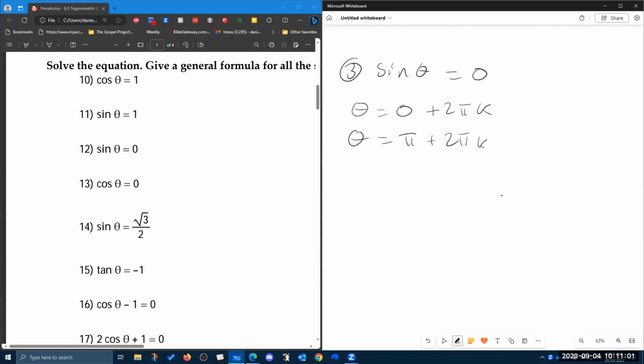But really together, these are every multiple of pi. If I look here, it's here, and then there, and then there, and then there. So even and odd multiples of pi means theta is equal to pi k, where k is an element of the integers.